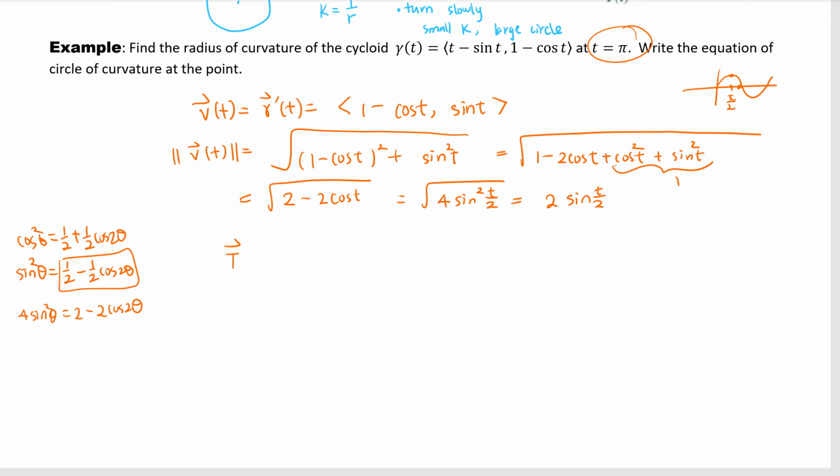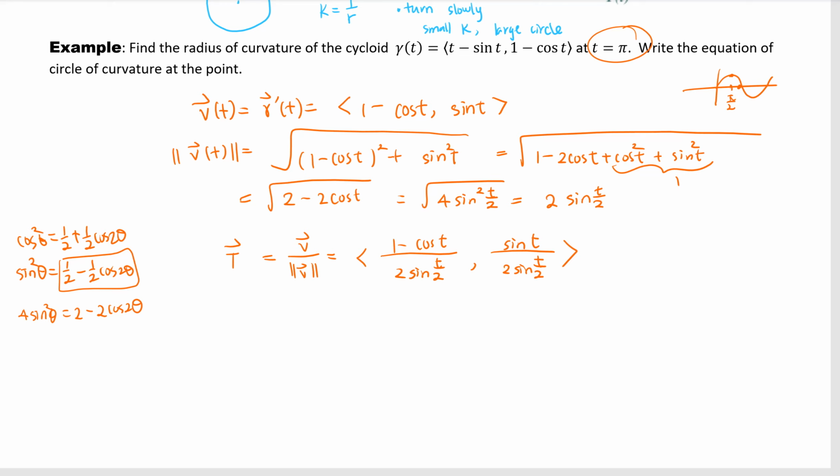Then what is the unit tangent vector? Okay, the unit tangent vector equals v over speed, right? So we have 1 minus cosine t over 2 sine t over 2, and then sine t over 2. Okay, do you know what that is?